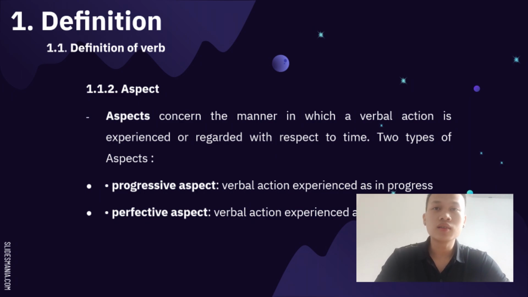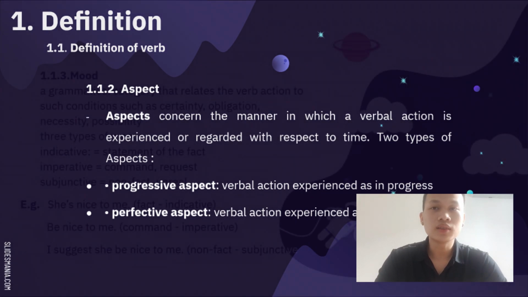Aspect concerns the manner in which a verbal action is experienced or regarded with respect to time. There are 2 types of aspects. The first is the progressive aspect, where the verbal action is experienced as in progress, and the perfective aspect is where the verbal action is experienced as completed.